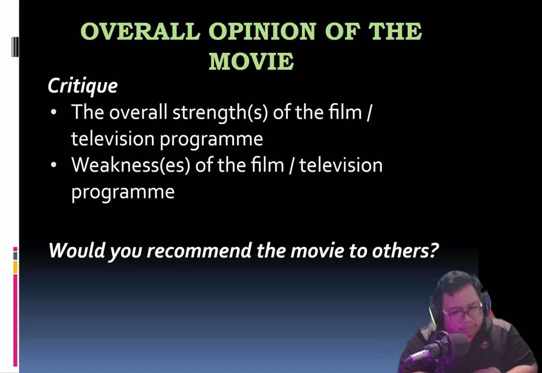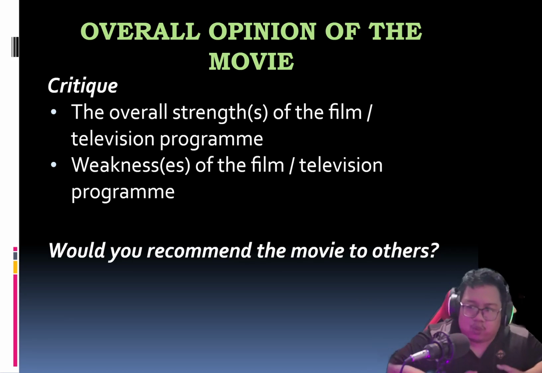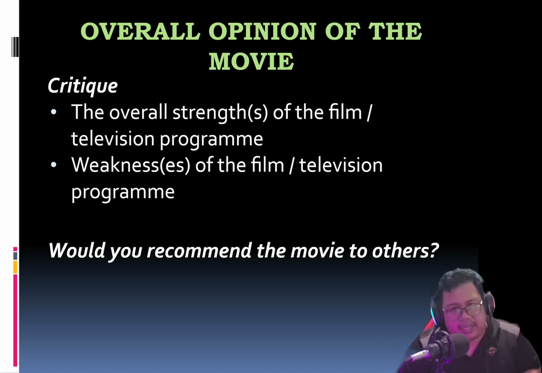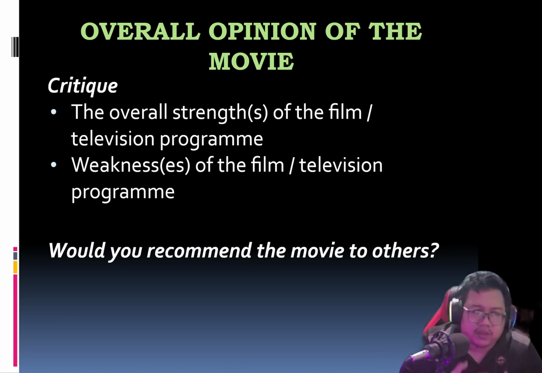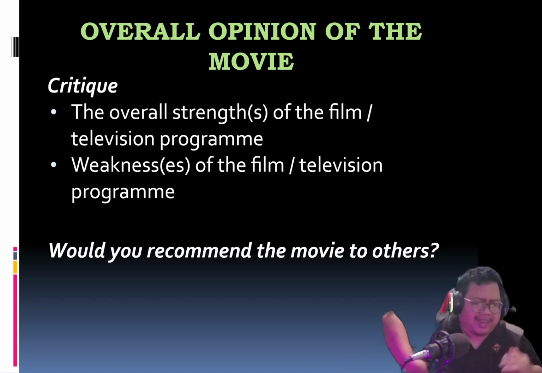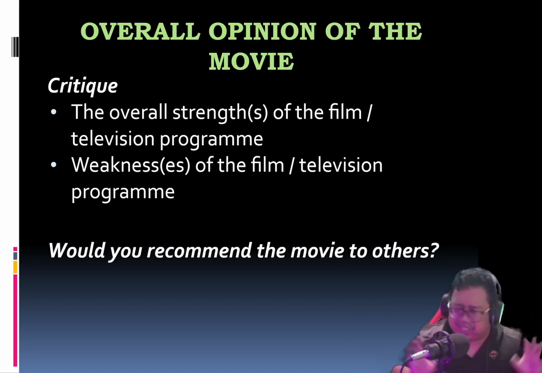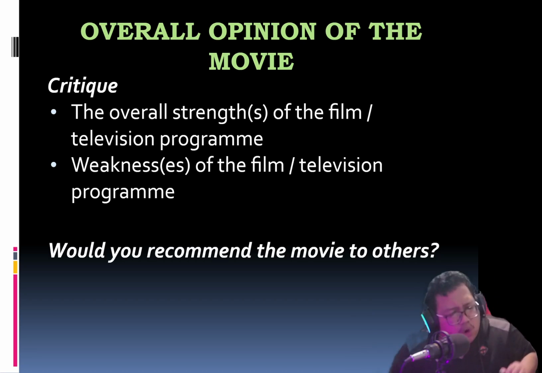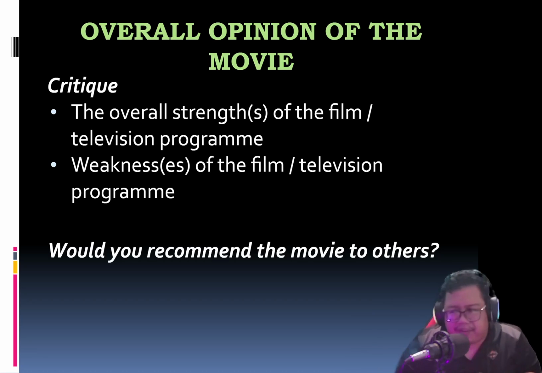The purpose of the movie is that. Up to you if you want to find the overall strengths and the weaknesses. So maybe the story is very slow. It's not picking up very fast. You need to watch like 15 episodes, then the story picks up. So that is a weakness of a film or a television program.